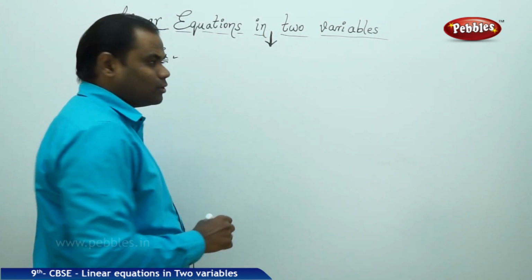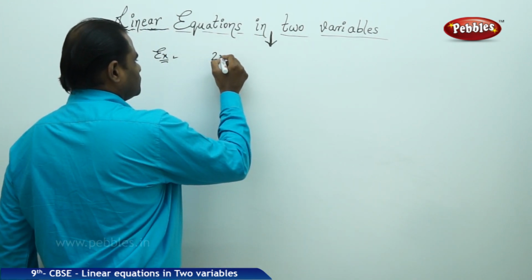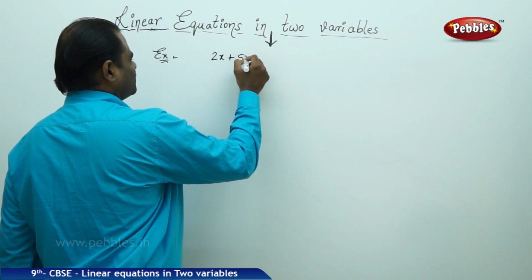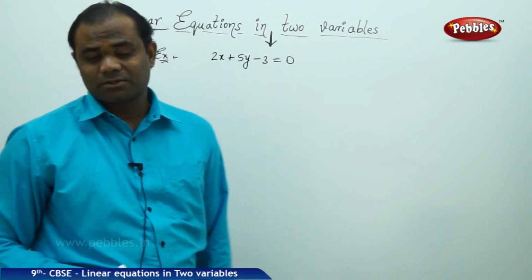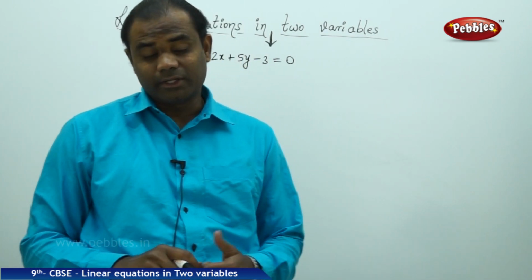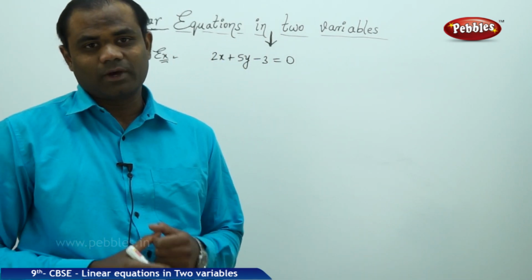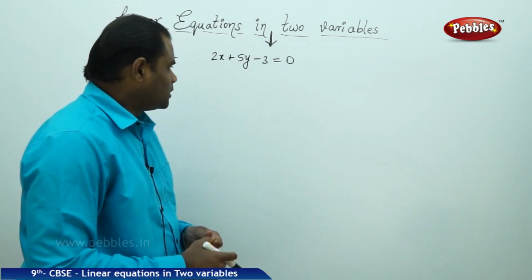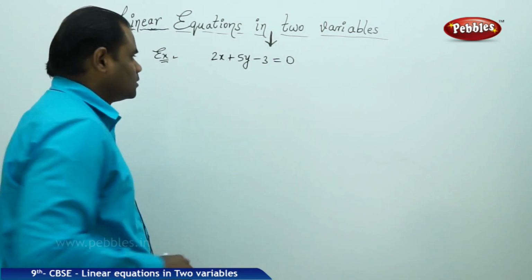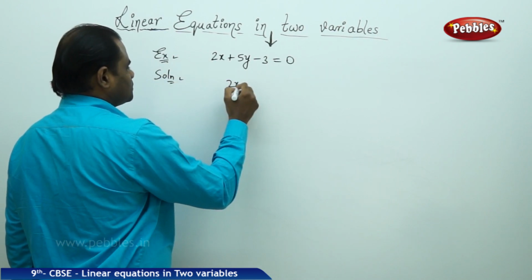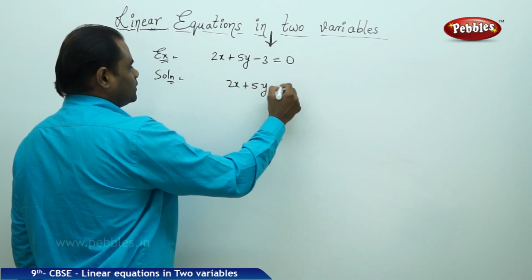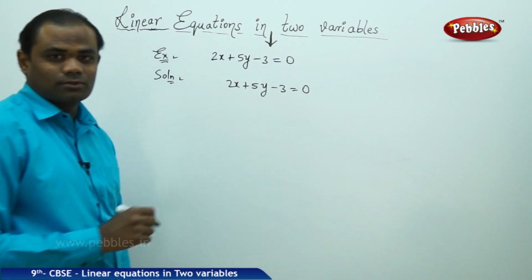For example, I take an equation in the form 2x plus 5y minus 3 equal to 0, and let's test whether this is a linear equation in two variables x and y. Initially I test with rule 1. Rule 1 is first to take the given equation in the form equal to 0.